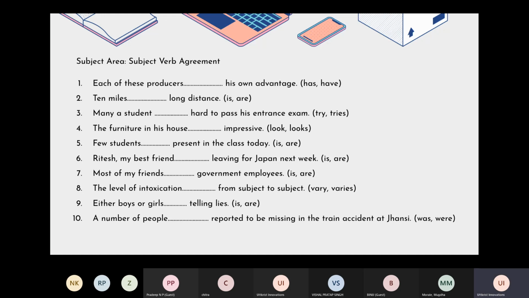We will show the answers in 2 minutes. Okay, I think most of you have answered, so I will reveal the answers now.